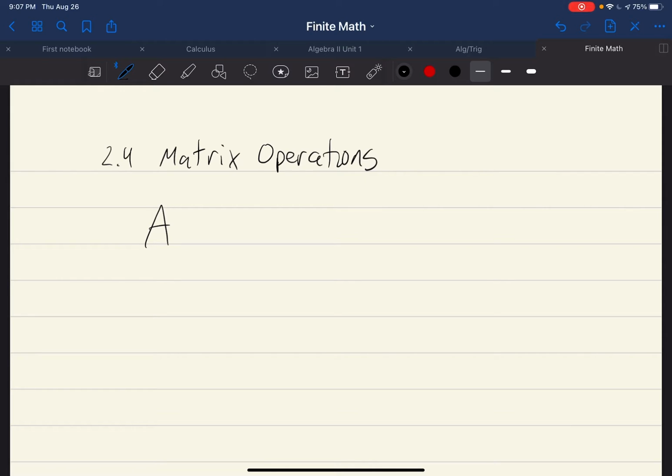Well, the first number represents R, which is a row, and then there'll be a little x, and then C, and that stands for columns. So the way you read this is it's a matrix, and it's so many rows, and then the little x means by so many columns.